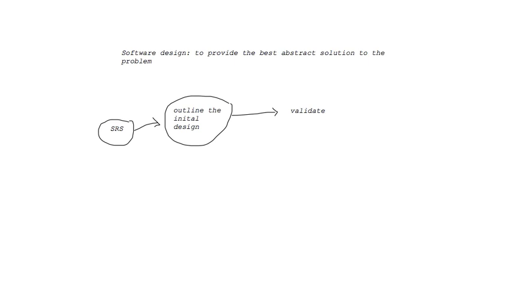Validation means, first, we have to verify whether our design is actually addressing the requirements of the requested system. When we do the validation, sometimes we feel, okay, this is not satisfying the requirements.